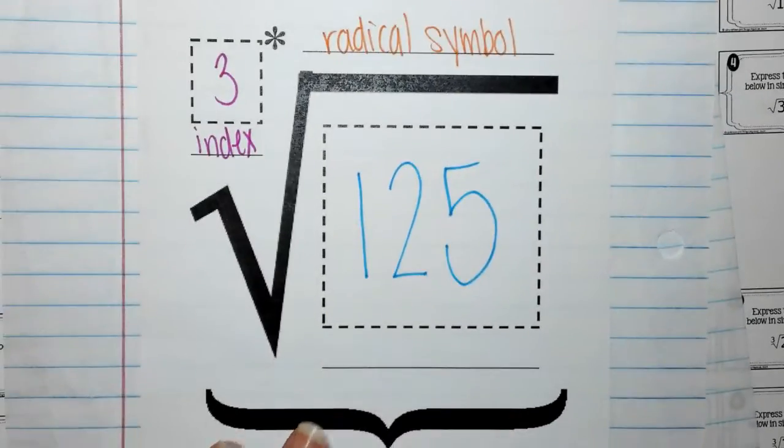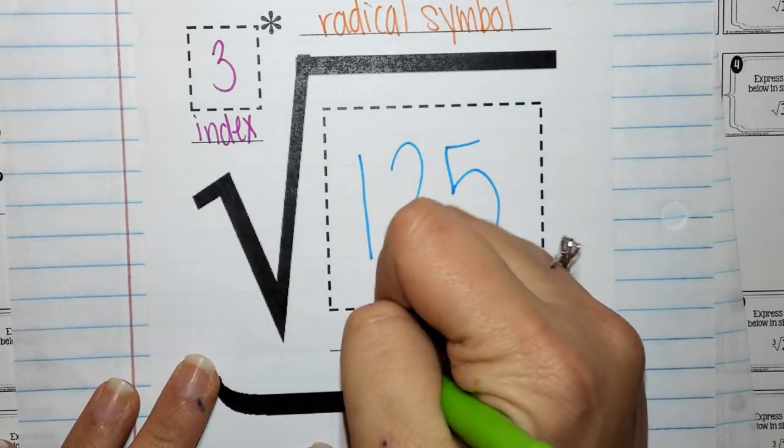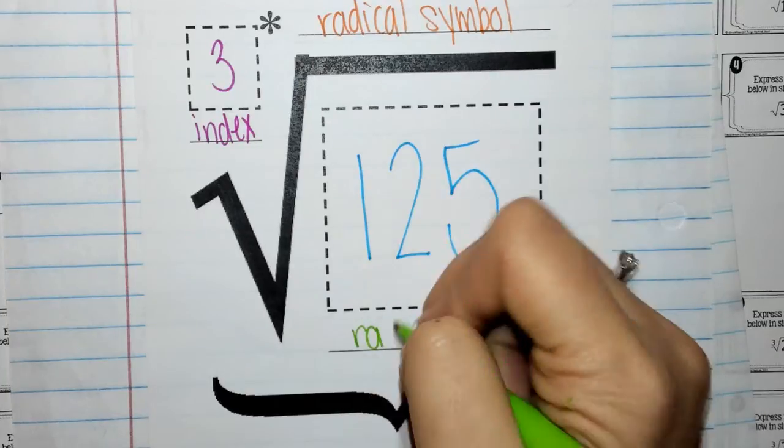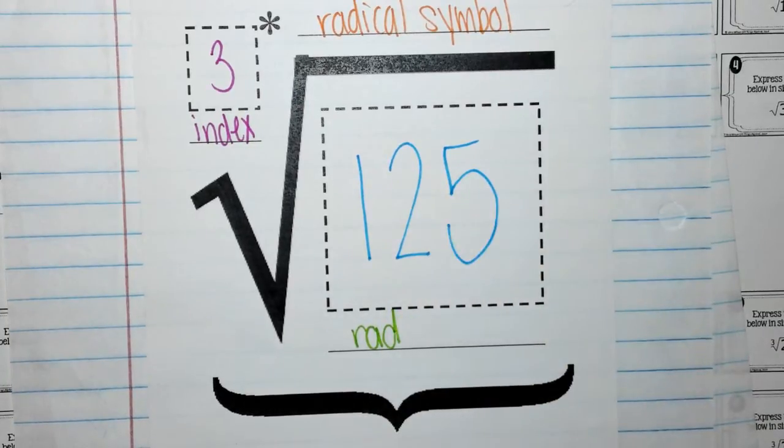R what? R-A, R-E... Rationate. Ratio. Oh, man, that's a fraction. Well, that was kind of close. Radical. Radicant. I was about to say ratio.